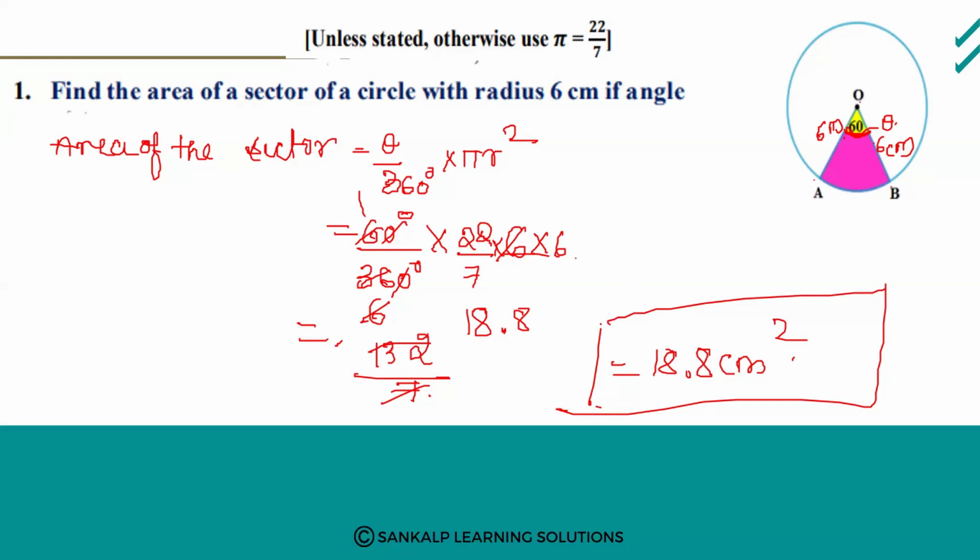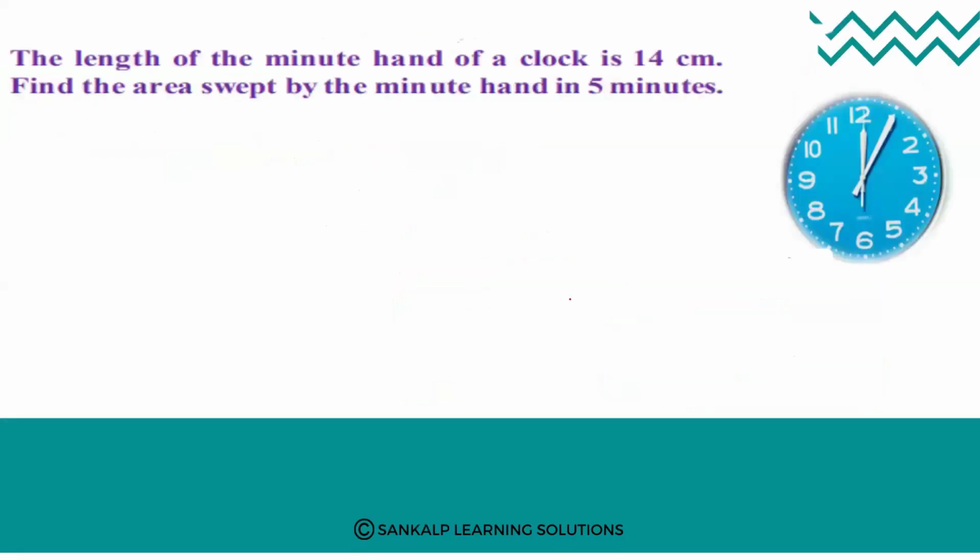Now, next question. The length of the minute hand of a clock is 14 centimeter. Find the area swept by the minute hand in 5 minutes.